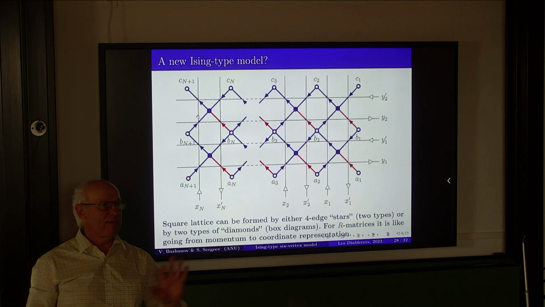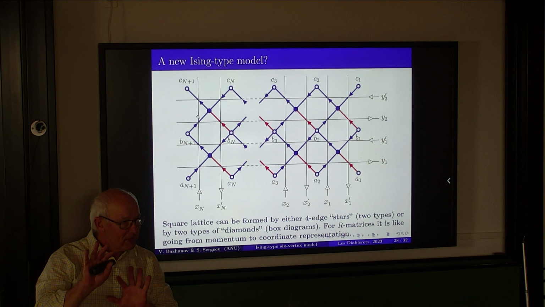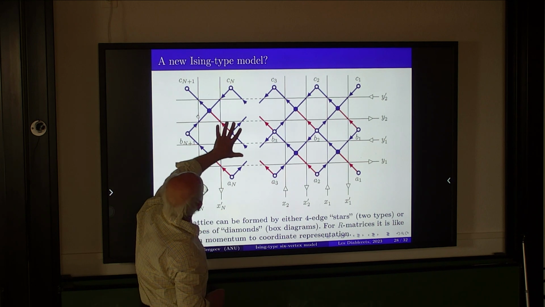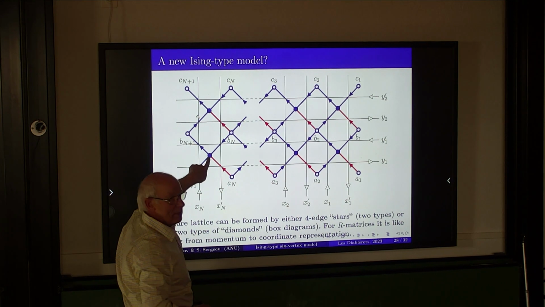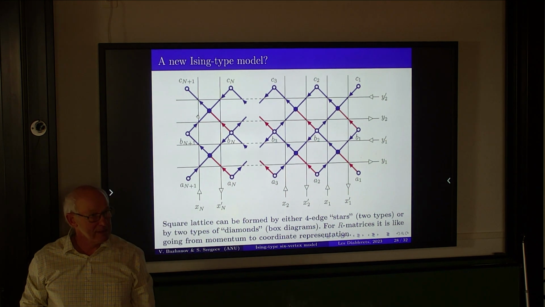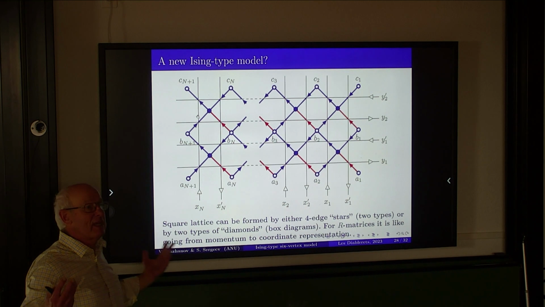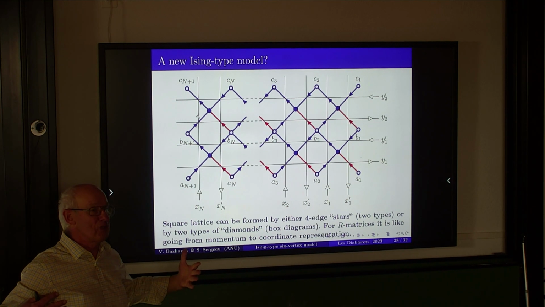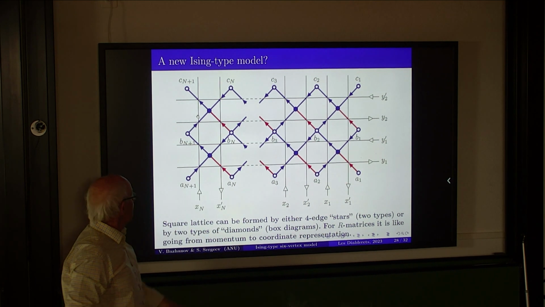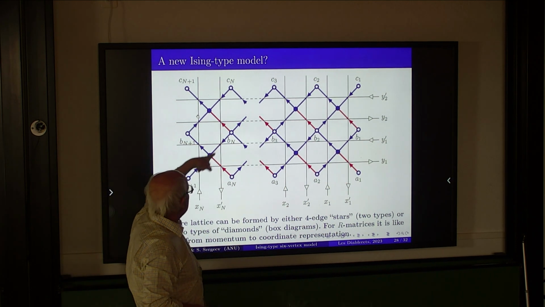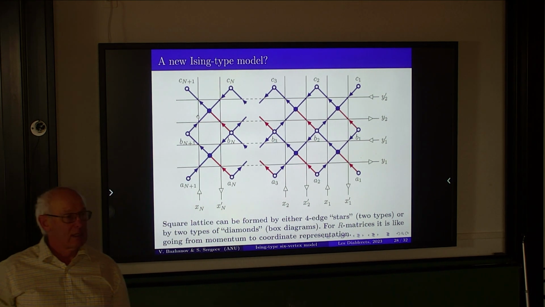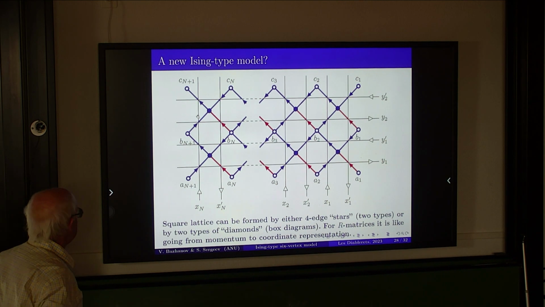And there are two different types of stars, this one and this one, with black-centered stars and white-centered stars. But they are equivalent due to the star relation. Equivalently, we could have split the lattice into diamonds and got the same partition function. So that's what we did.